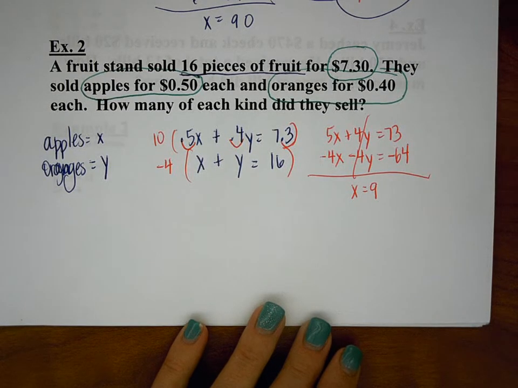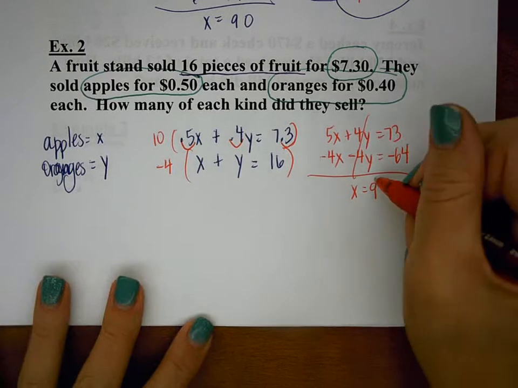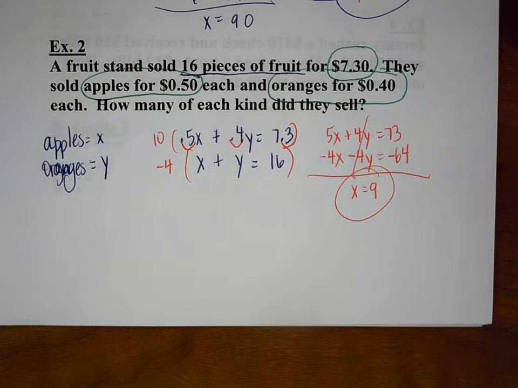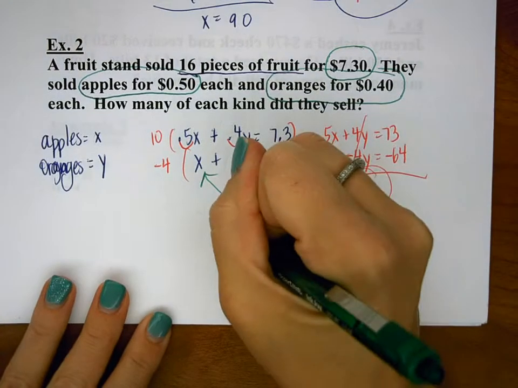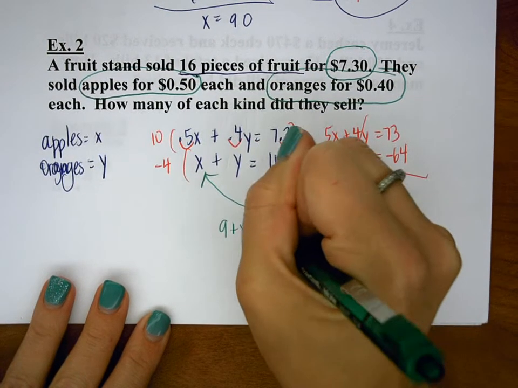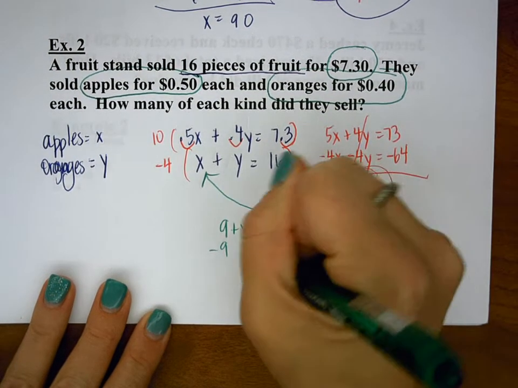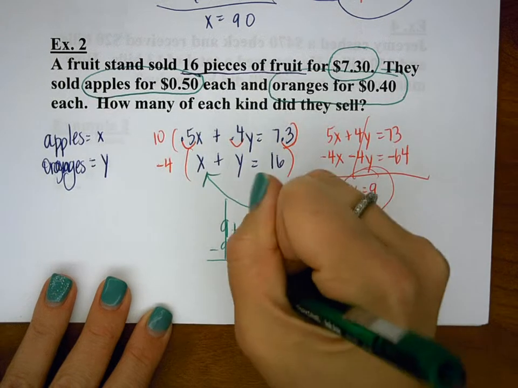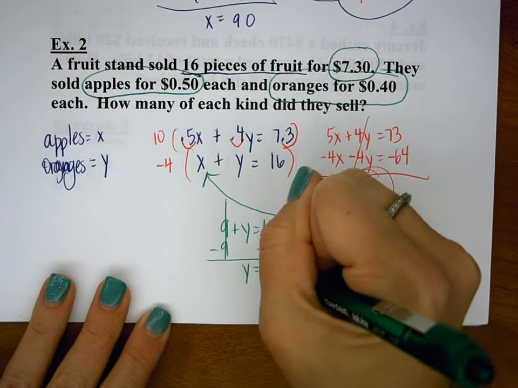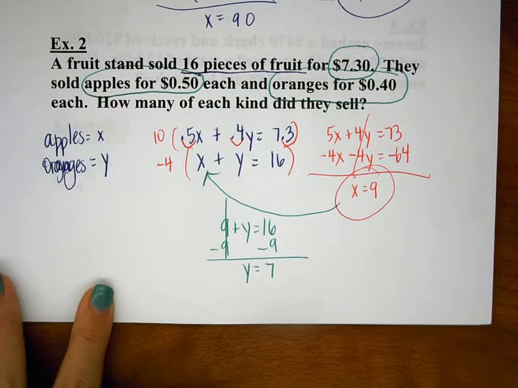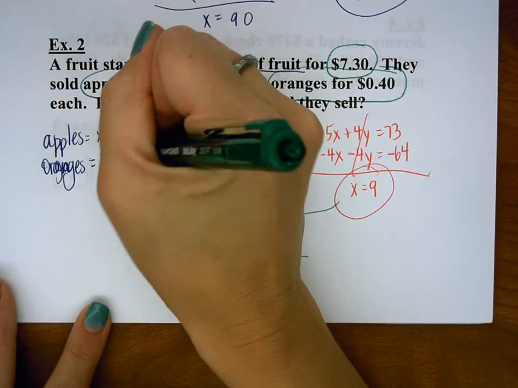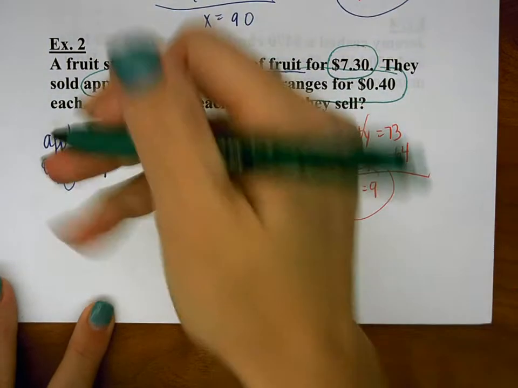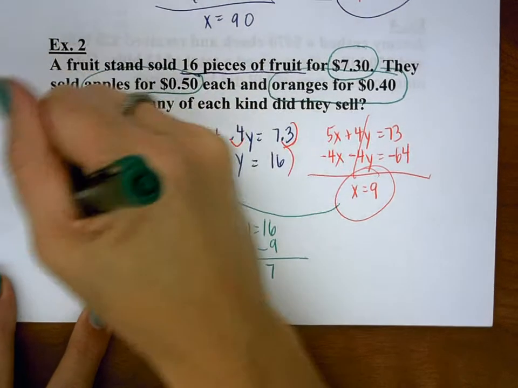Okay, now that I have this answer, plug it into x plus y equals 16. So we have 9 plus y equals 16. Subtract 9 from both sides, and we find that y equals 7. So my apples was my x, so there were 9 apples sold and 7 oranges sold.